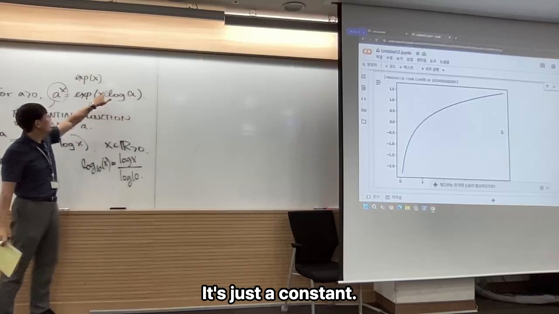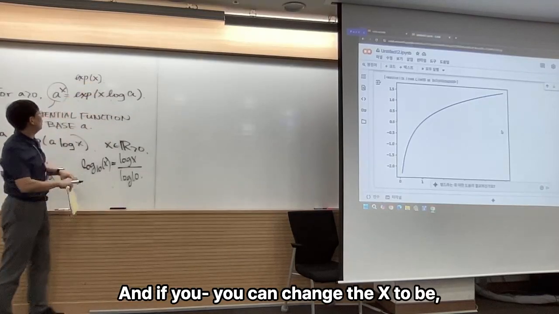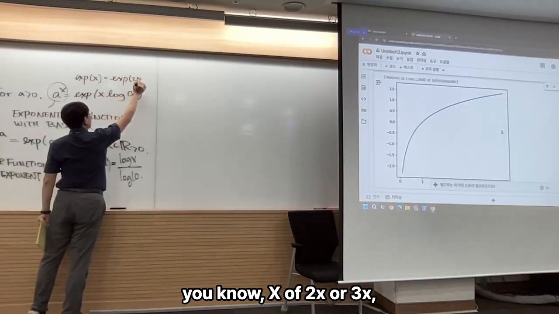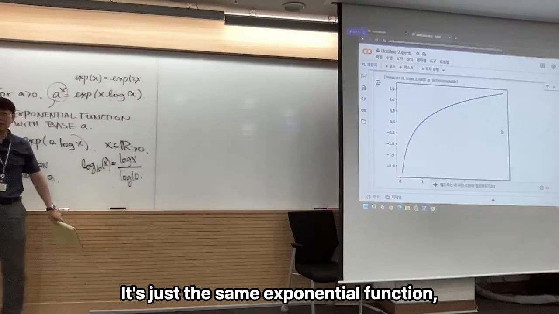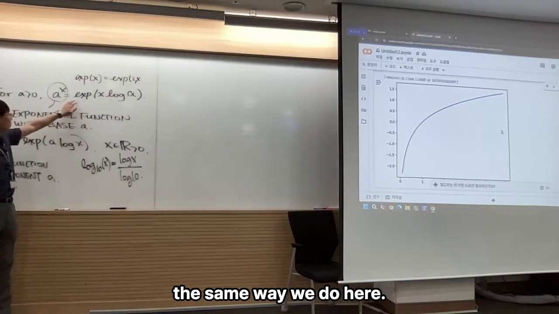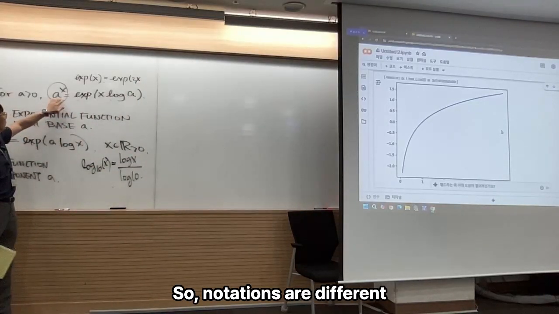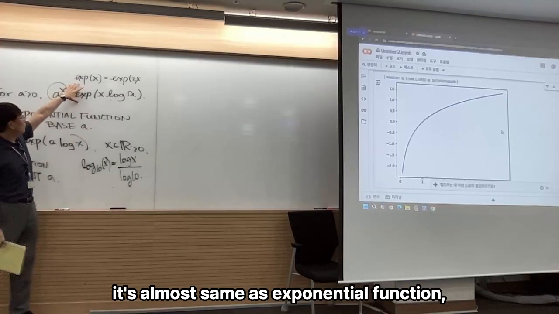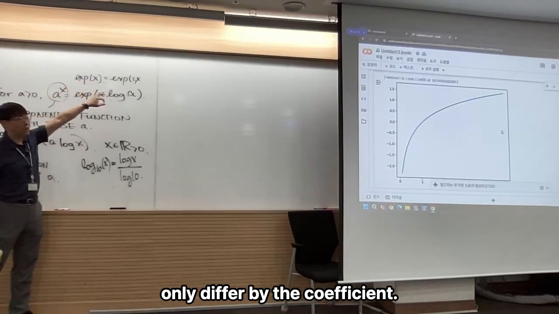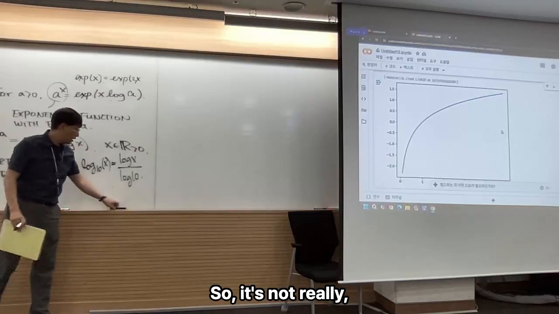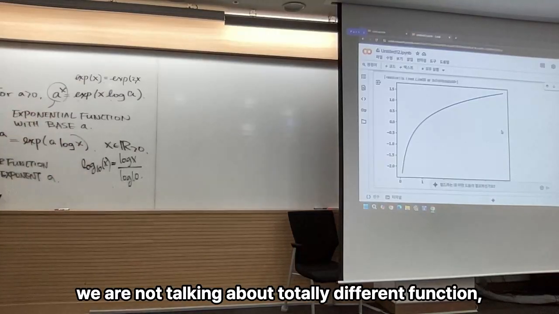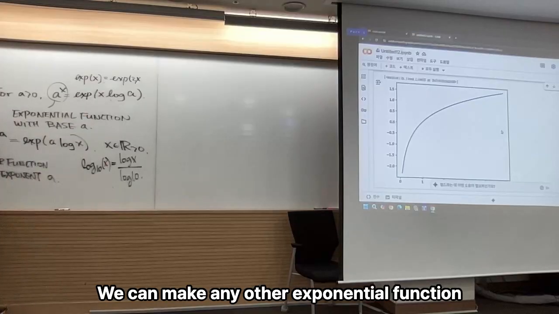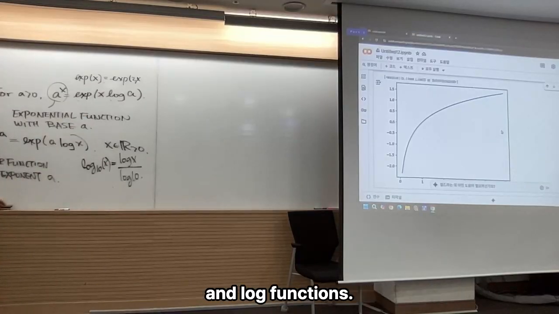You can change x to be 2x or 3x, whatever you want. It's just the same exponential function, the same way we do here. So the notations are different, but it's nothing different. It's almost the same as the exponential function, only differing by the coefficient. So we are not talking about a totally different function. That's why we only need exponential and log. We can make any other exponential function and log function.